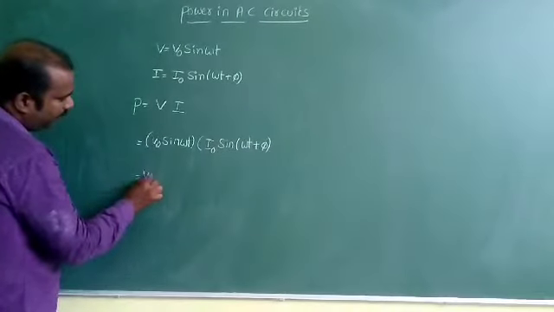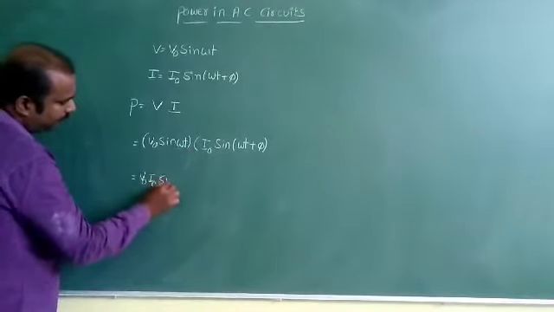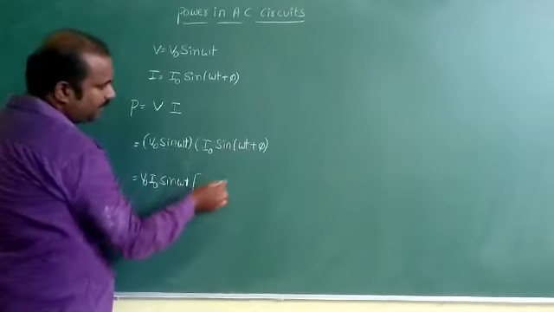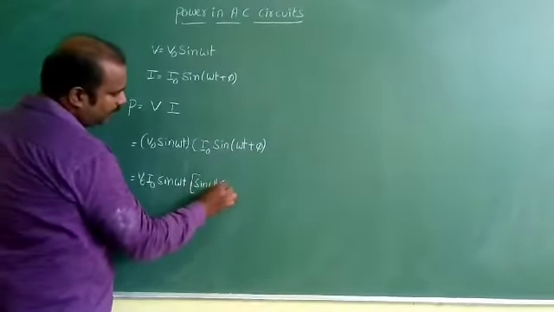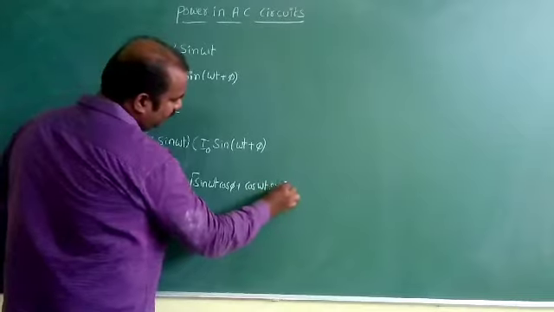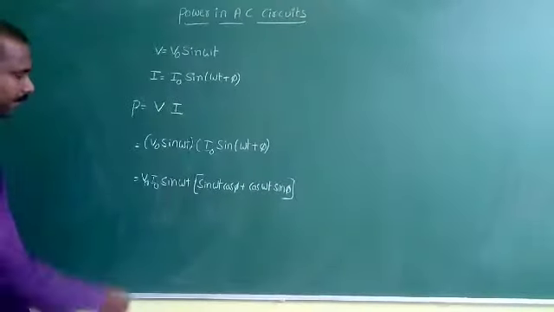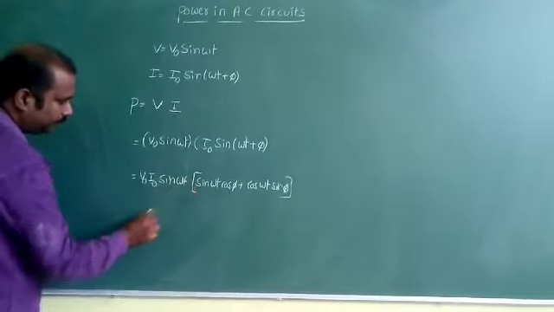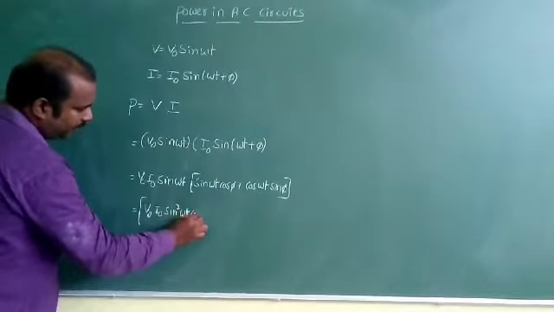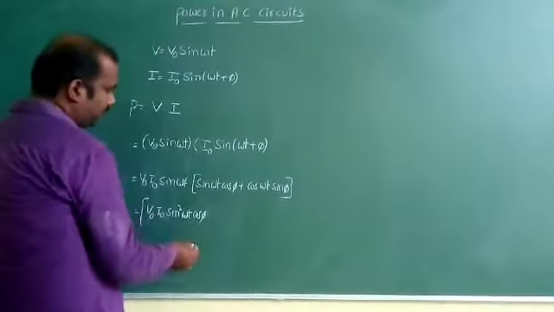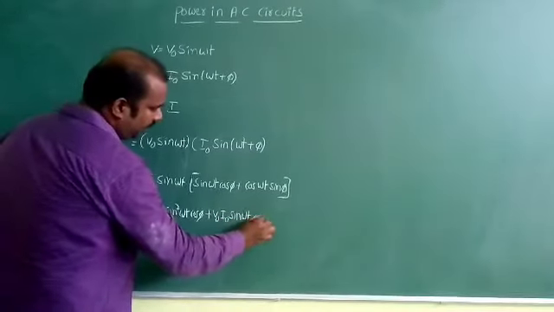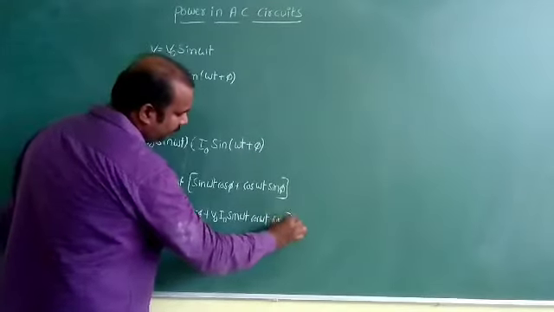Then we will get V naught I naught sin omega t into this, which we can expand using sin(A plus B) = sin A cos B plus cos A sin B. Next, multiplying these two, V naught I naught sin square omega t cos phi plus V naught I naught sin omega t cos omega t into sin phi.